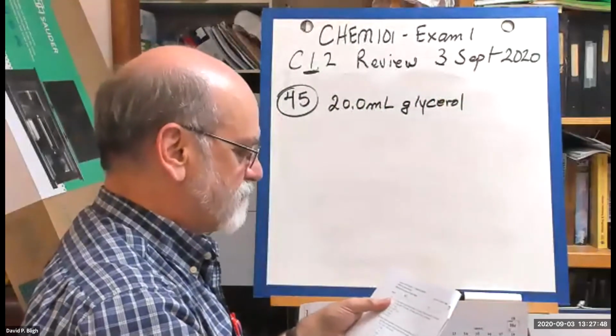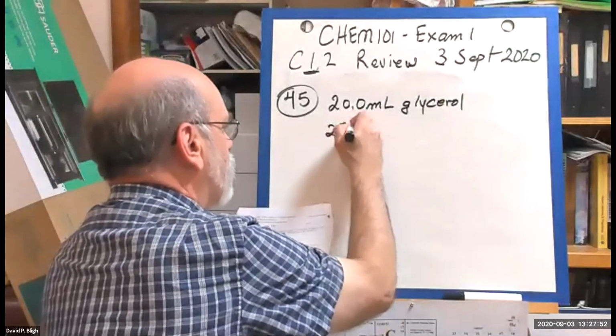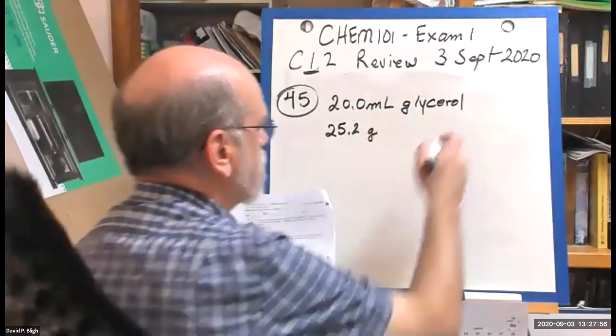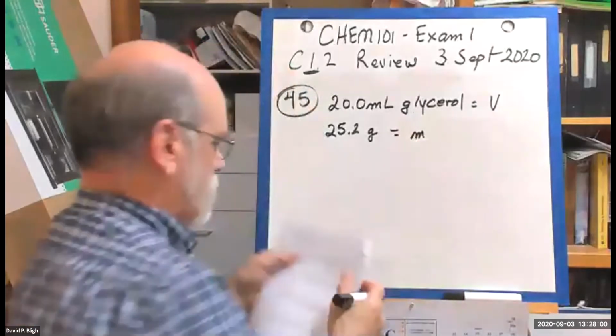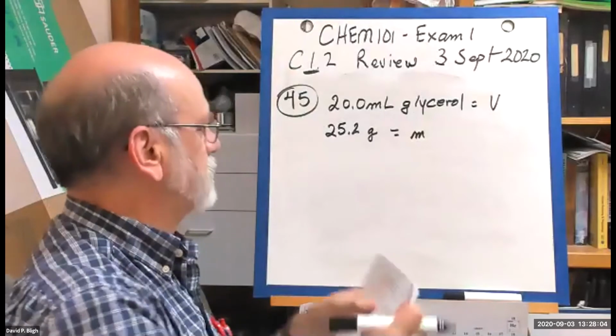And this 20 milliliters has a mass of 25.2 grams. So this is the volume, this is the mass. What's the density in ounces per quart?